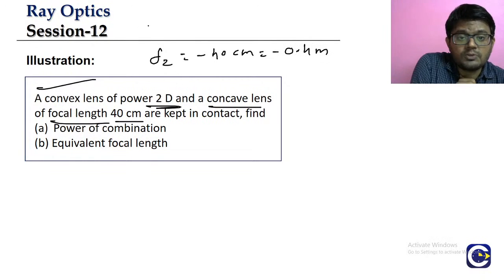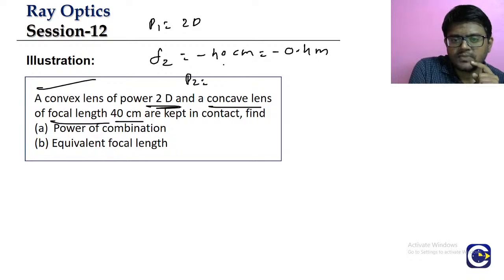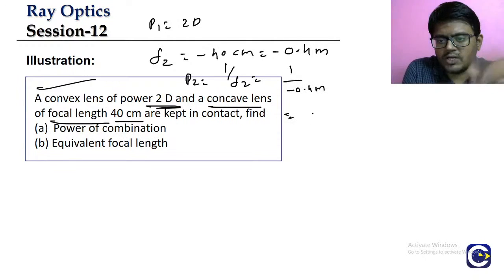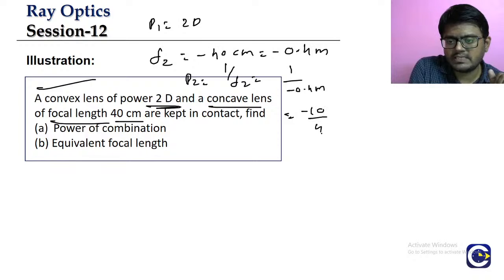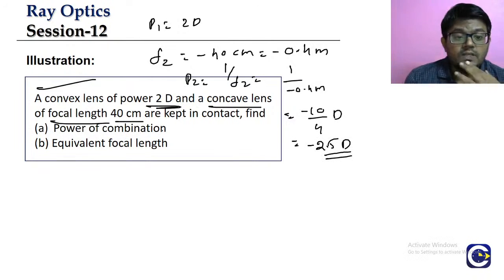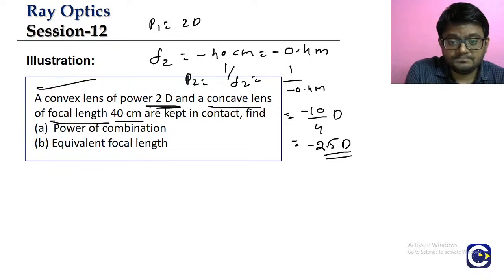So P1 is given here, 2 diopter. P2 will be 1 by f2, which is 1 by minus 0.4. Multiply numerator and denominator by 10: minus 10 by 4 diopter, which is minus 2.5 diopter.